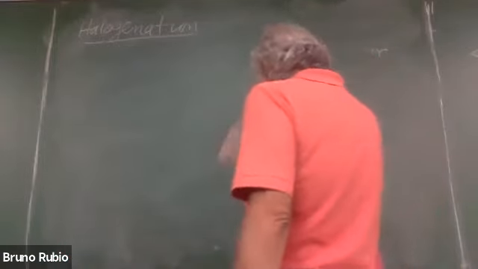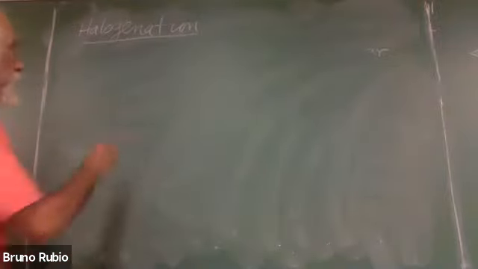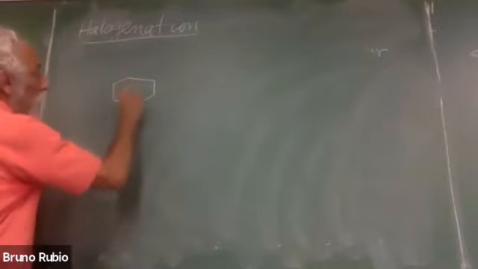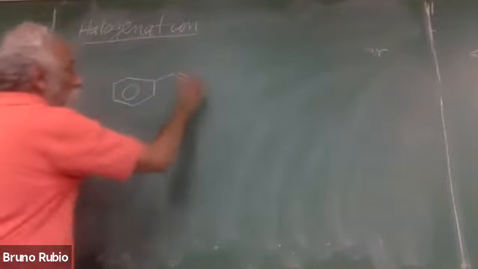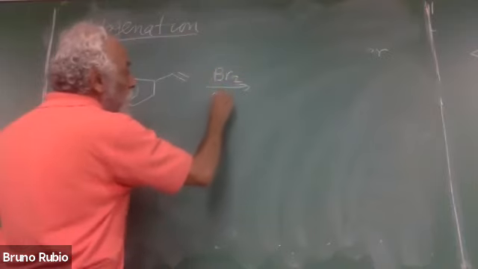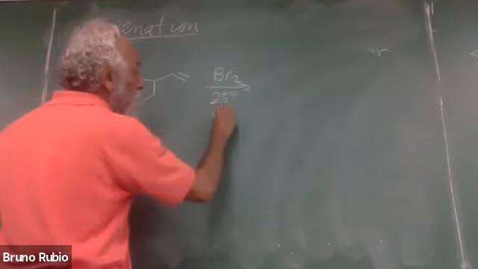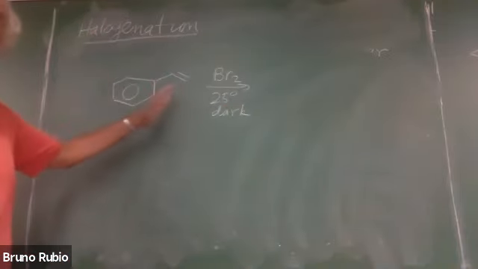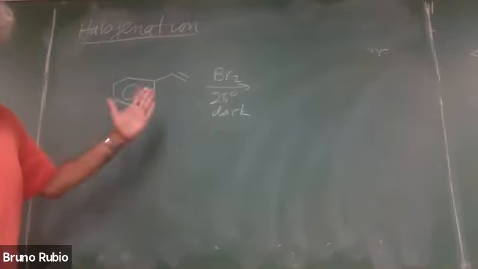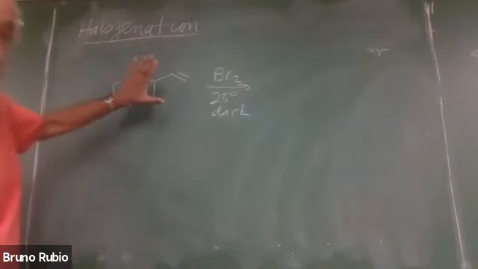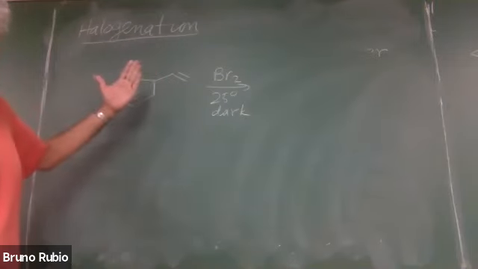So let me finish talking about halogenation and then move on to our next reaction. Br2, 25 degrees, dark. Okay, so see, this is an alkene that doesn't have a more hindered side or a less hindered side. The approach from the front is equal to approach from the back.